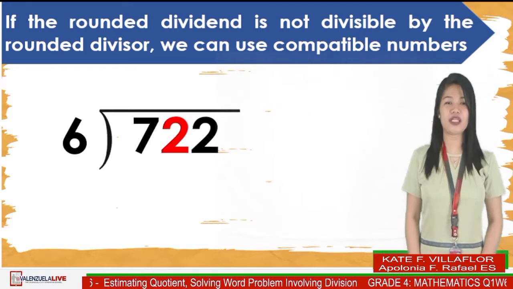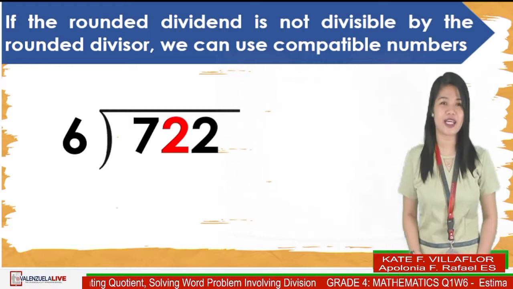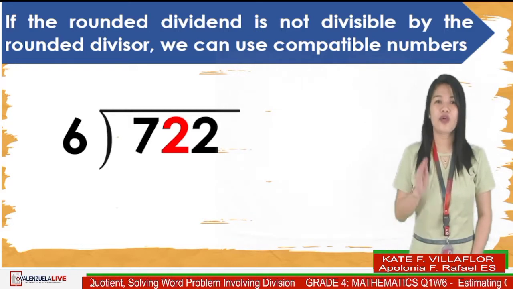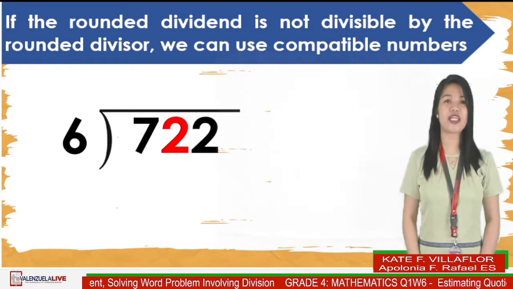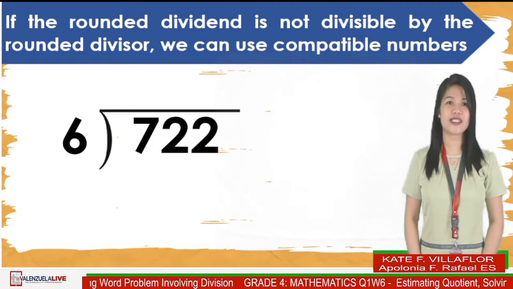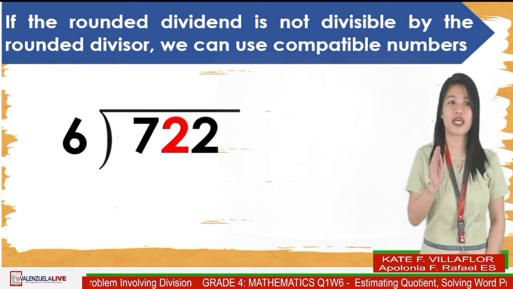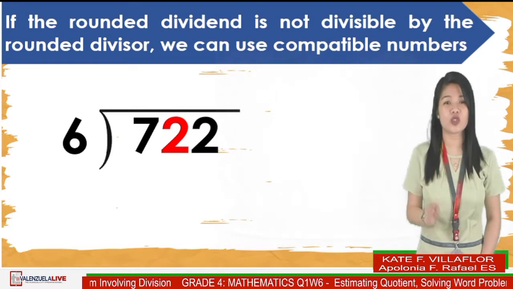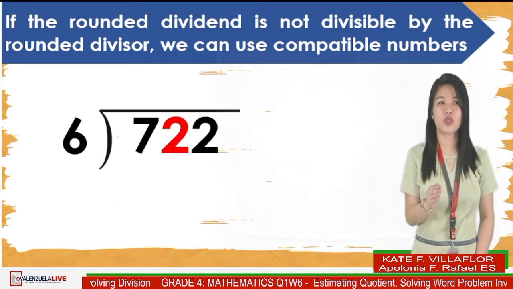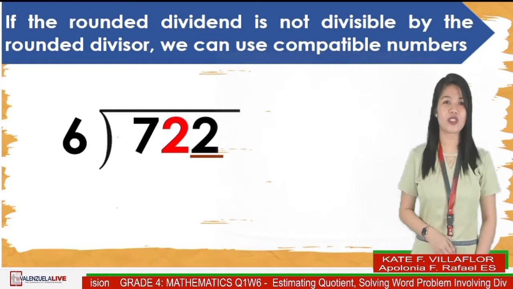Using compatible numbers, you round off the next digit with the highest place value. We have here in the dividend 722. The next highest place value is the tens place value, which is 2. We need to round off 2, and then the next digit to the right of 2 is 2.